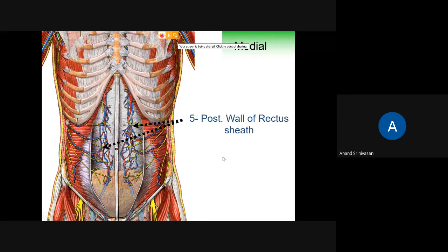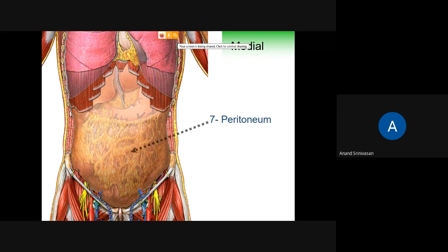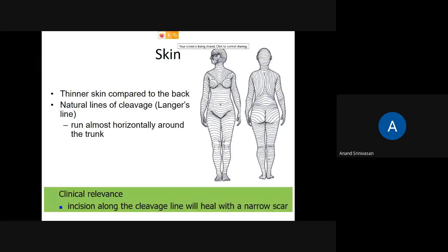Just remember this; I will tell you why it is like that. Next to it will be the fascia transversalis, and next to the fascia transversalis will be the peritoneum. So these are the medial structures.